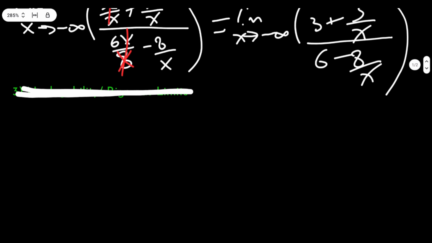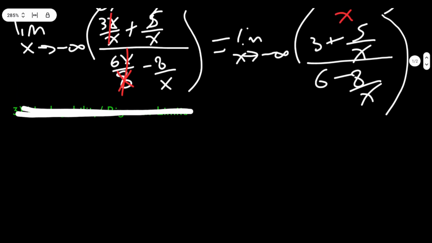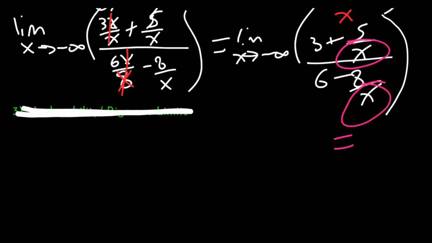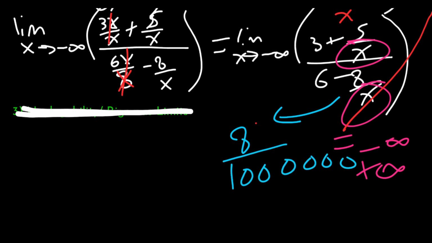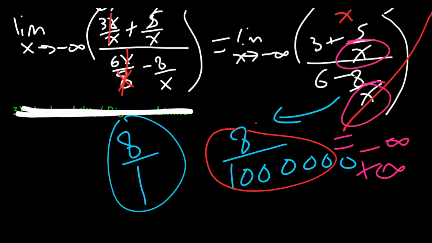Now, a basic thing you need to know about limits at infinity: whether x goes to negative infinity or positive infinity, if the bottom of a fraction like this is getting increasingly bigger, the value of the fraction is going to decrease. Because if you divide something by 1 million, it's going to be much less than, let's say, 8 over 1, which is 8.